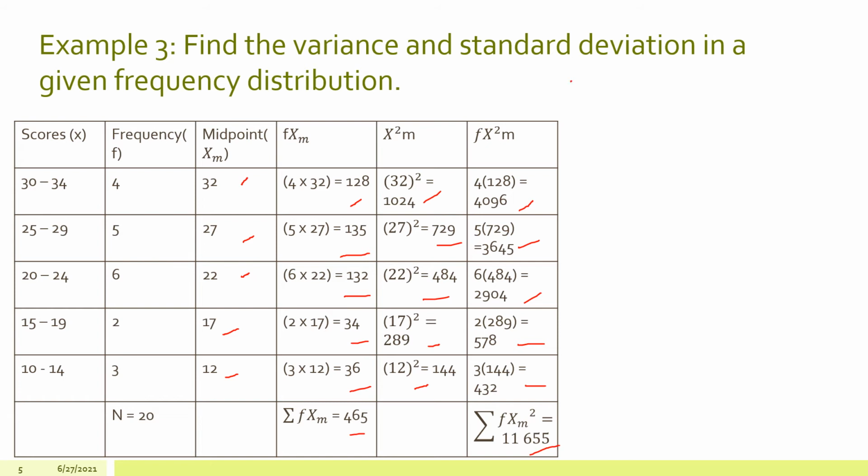11,655. To get the variance, we go back to the formula.